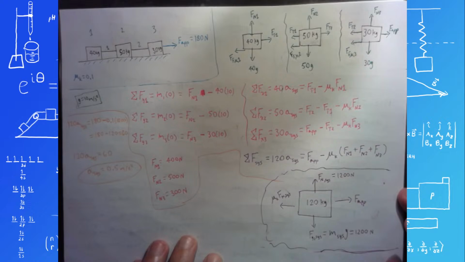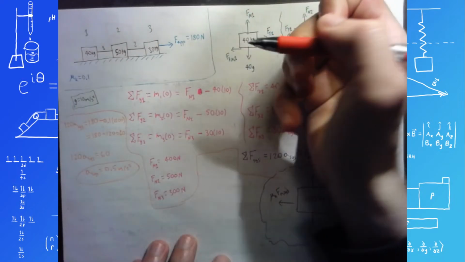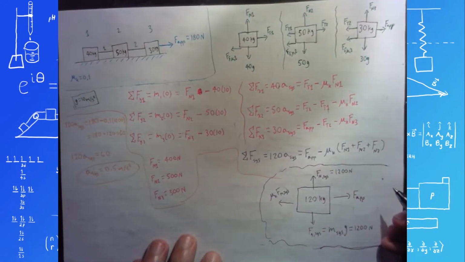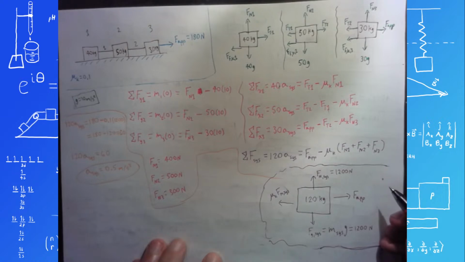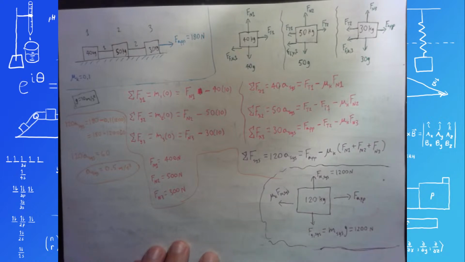What is the lowest static friction coefficient that would make that possible under an applied force of 180 newtons? What's the lowest static friction coefficient needed to block 180 newtons of force from moving my system?